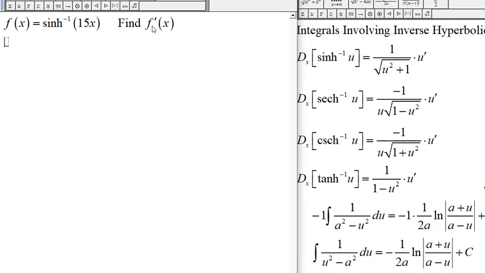And so the derivative is going to be 1 dividing by the square root, and this will be squared, and so it will be 15x squared plus 1, and then we have to multiply by the derivative of the 15x.